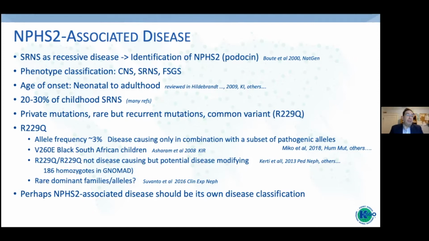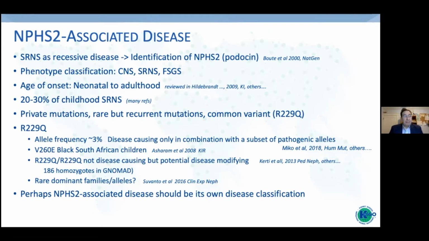Again, it can present in the neonatal period, and it can present in adulthood. Mutations in NPHS2 account for perhaps 20 to 30% of steroid-resistant nephrotic syndrome. There are boatloads of references giving numbers in this range, and it depends, of course, in part on study design.